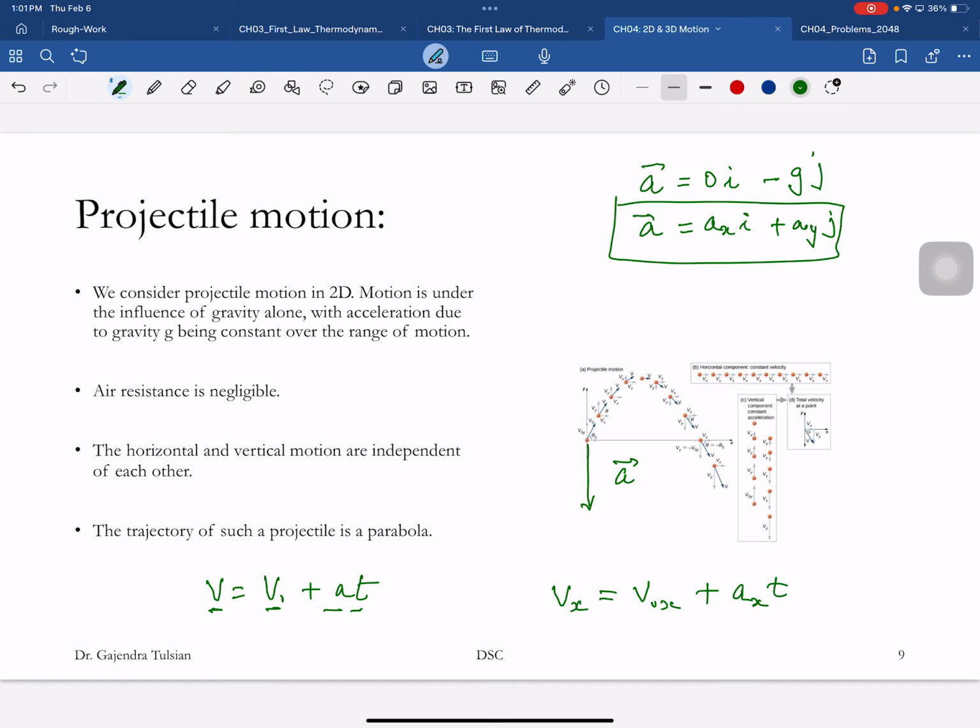What is the x component of the acceleration? 0. So this term is 0. What is this equation saying? It is saying that for this projectile motion, the x component of the velocity is not changing. That's what the equation is telling you, and that's what this diagram shows you. See, there is the x component of the velocity, and it is not changing.